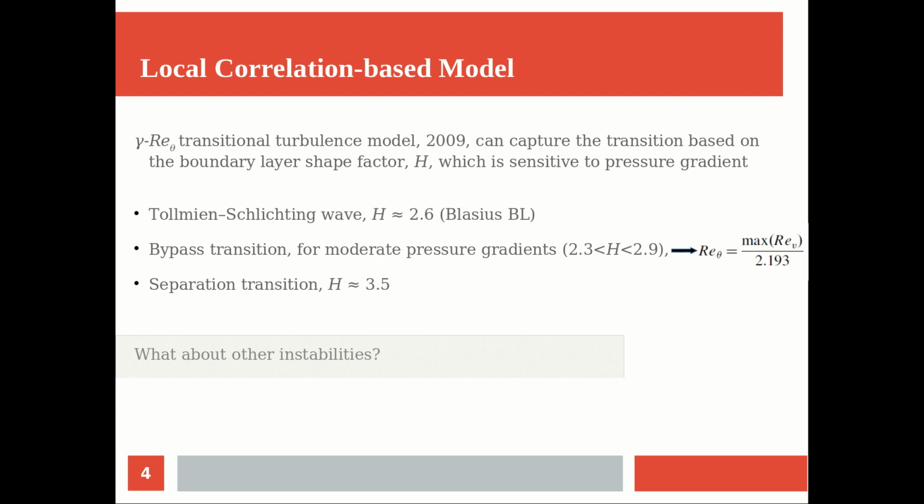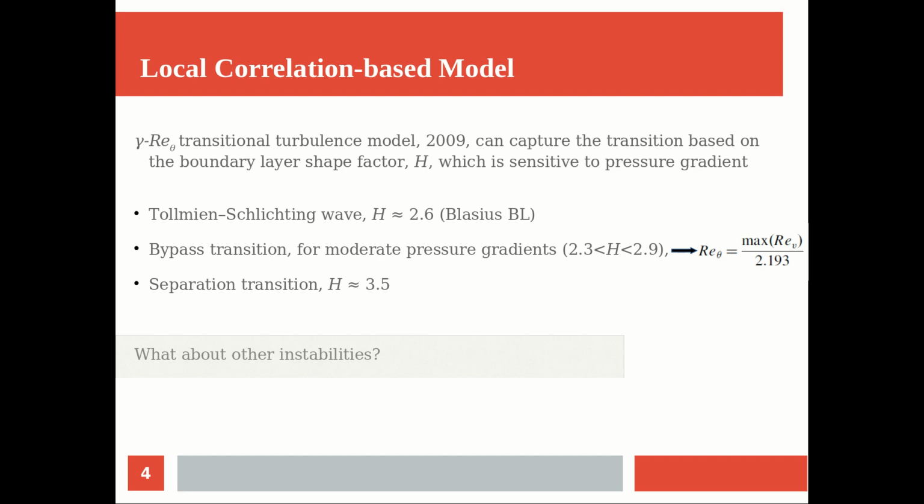In fact, gamma-Reynolds-theta works based on calculating the shape factor, proposed in 2009, of the boundary layer, which is sensitive to zero pressure gradient. Based on some assumptions, they calculate the pressure gradient, so they come up with a value for the shape factor, and then it decides the type of transition.